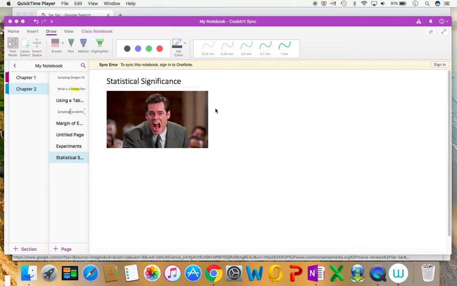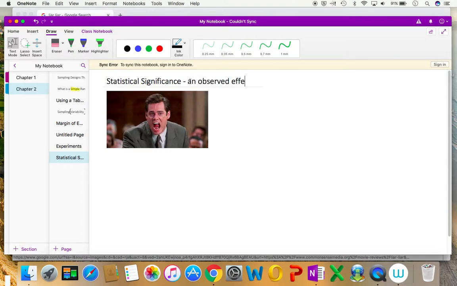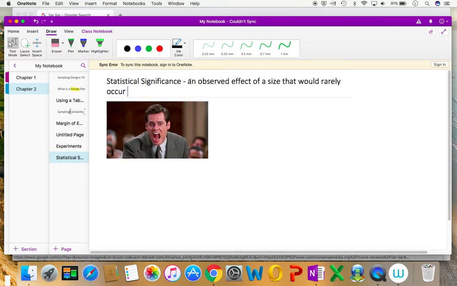We look at this term, statistical significance, to explain an observed effect of a size that would rarely occur by chance. All right. And if you're like me, right off the bat, that definition doesn't make a whole lot of sense to me.